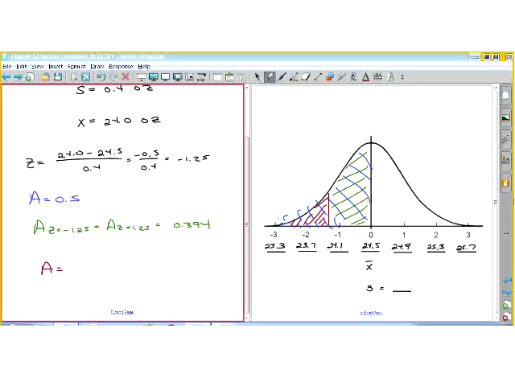So the red area is going to be equal to the blue area minus the green area. But the blue area is 0.5, and the green area is 0.394.